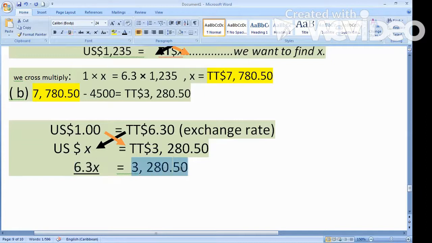By dividing both sides by 6.3. What's going to happen to the 6.3? It cancels. Right. And what is remaining behind? X.